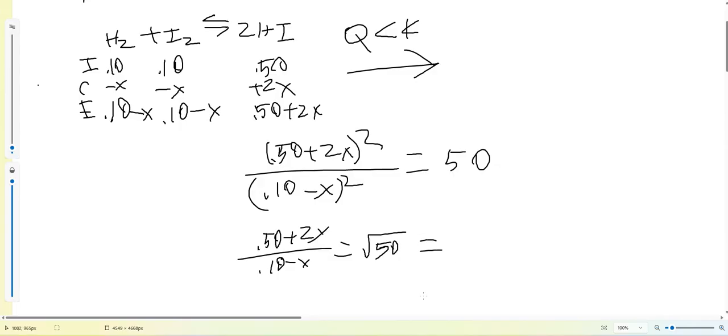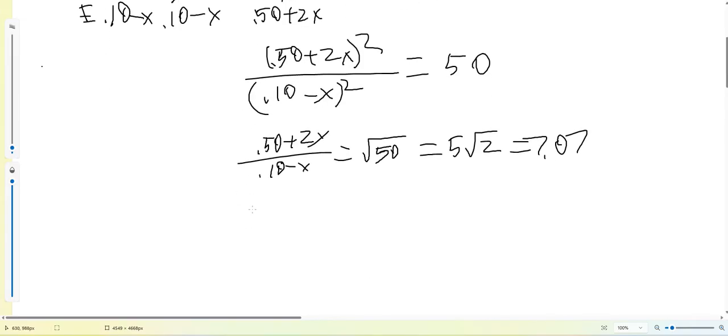Which, yes, I know, is equal to the square root of 25 times 2, which is equal to 5 root 2. Or you could just plug it into your calculator as square root 50, and you get 7.07. Okay? So, now we can solve for x.